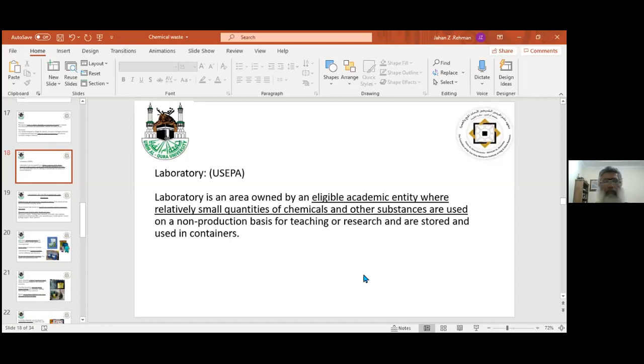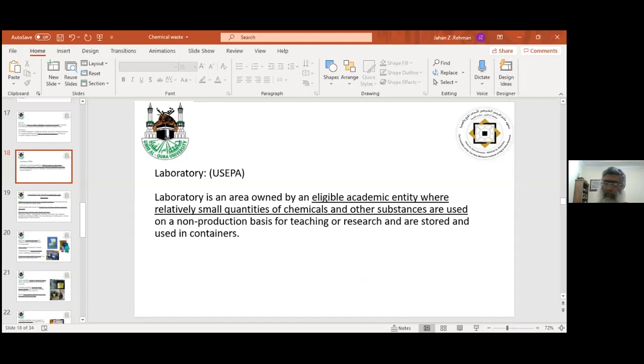Because if you do 10 new reactions in your lab a day, sometimes all these 10 reactions are useless. So the result of a useless product is to throw it out into the respective dustbin or into the respective container.